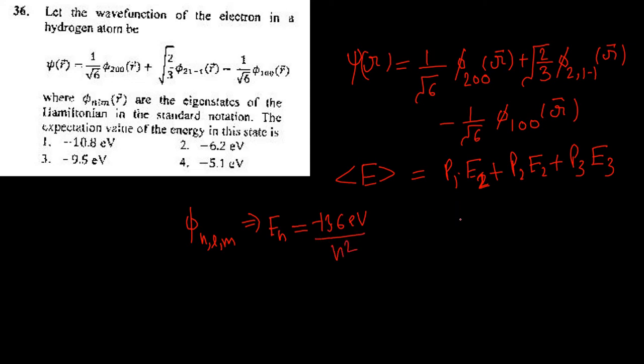Now you know all the things. Probability P1 is 1 by 6, probability P2 is 2 by 3, and P3 is 1 by 6. Put these in this formula.